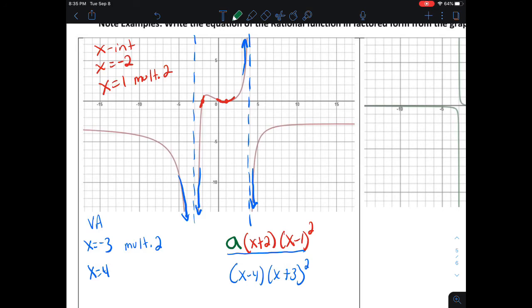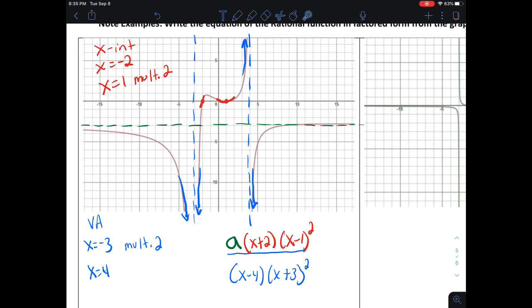Well, if we have a horizontal asymptote that is not the x-axis, what we can do is look at the end behavior to figure this part out, especially since there's not a clearly defined point for us to use. And so it appears to me that there is a horizontal asymptote around the y value of -3.